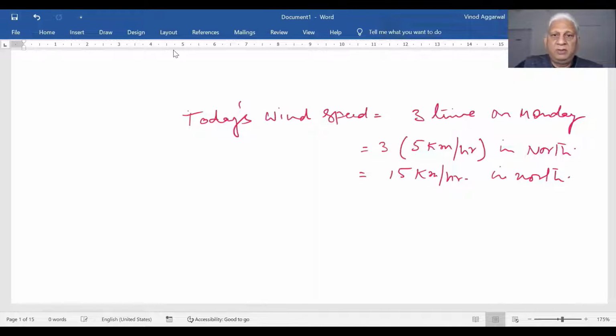So what it means is when we multiply a vector quantity by a simple number, the magnitude gets multiplied by that number, but the direction does not change. Direction remains the same.